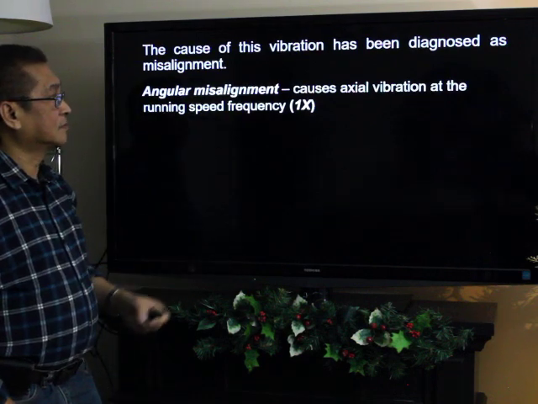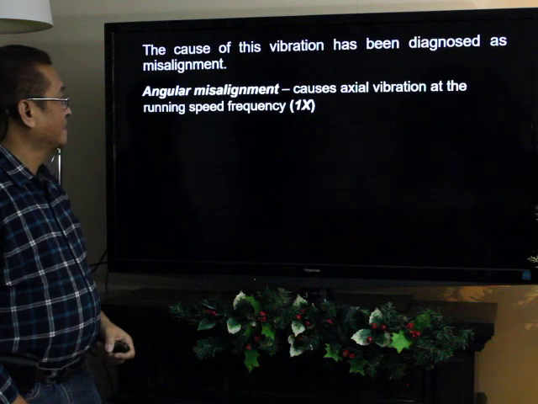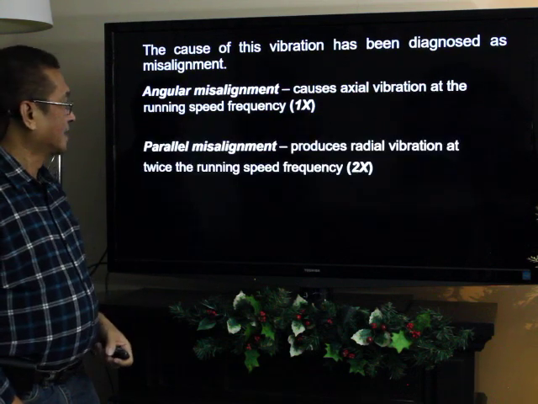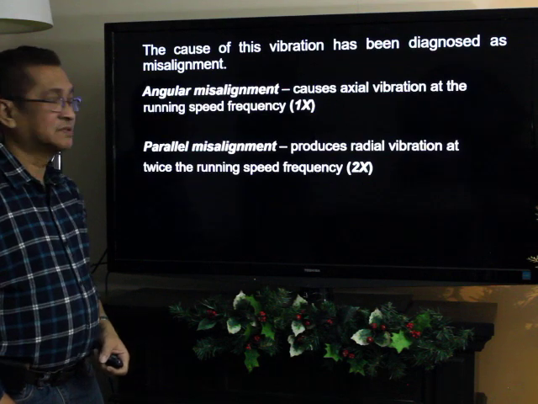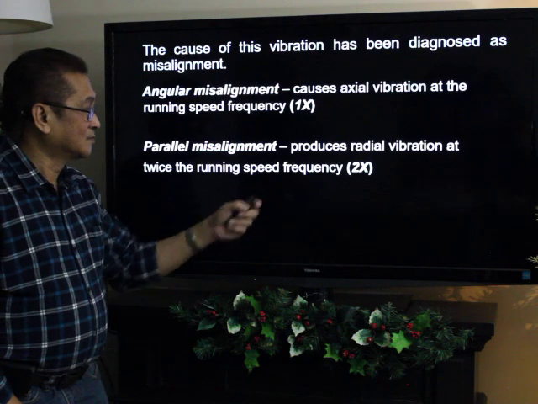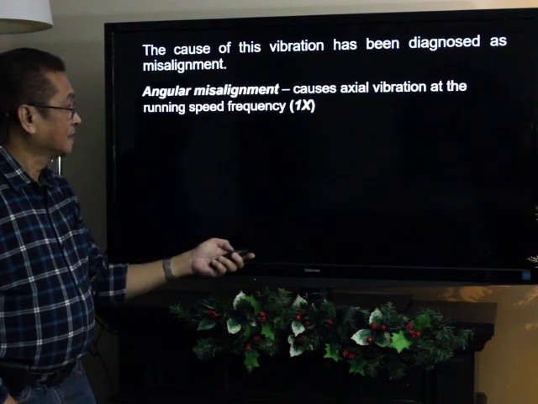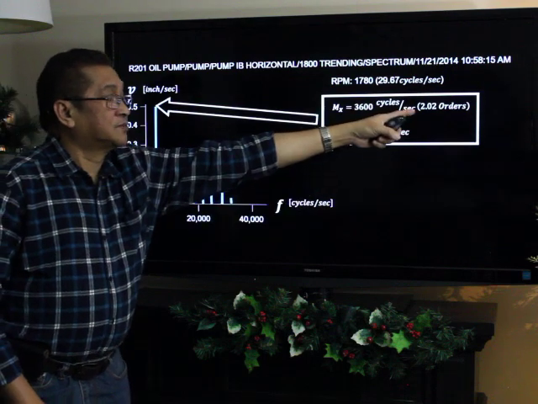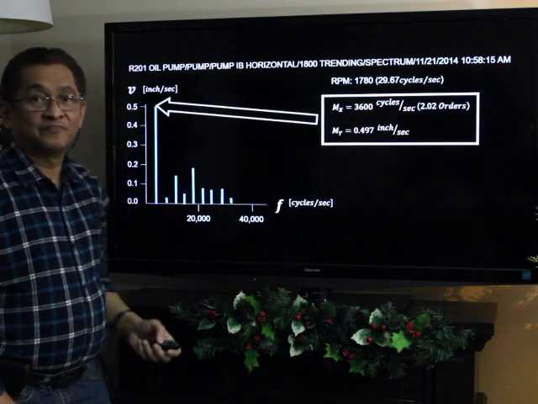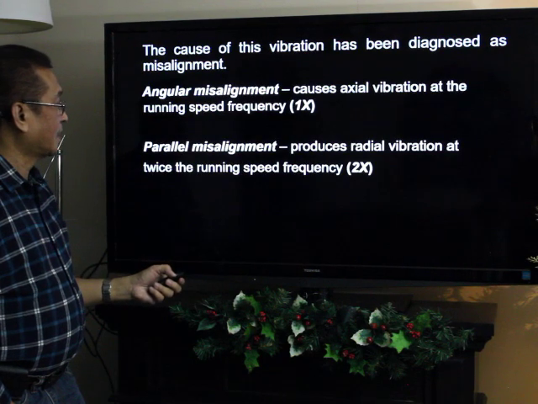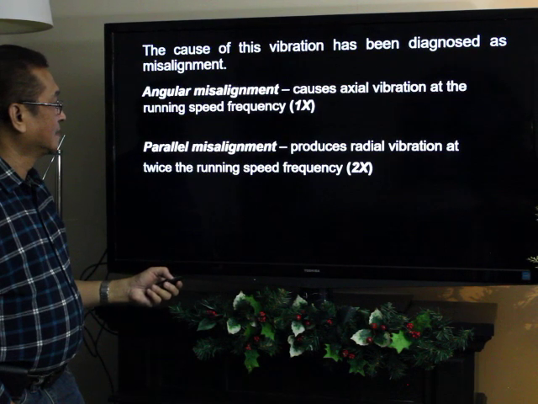Angular misalignment causes axial vibration at the running speed frequency, or 1 times X. And parallel misalignment produces radial vibration at twice the running speed, at 2 times X. You remember, so if you go back here, this one will be 2 times X. So that's why it's parallel misalignment that is causing it.